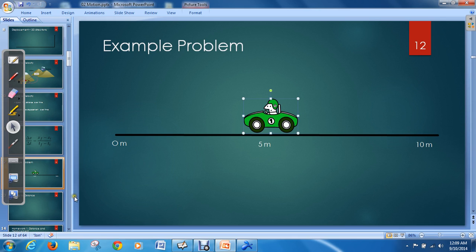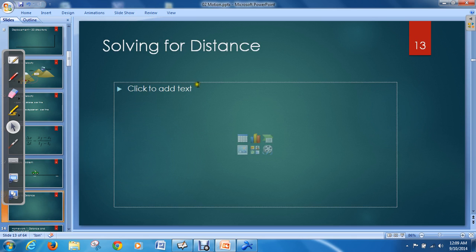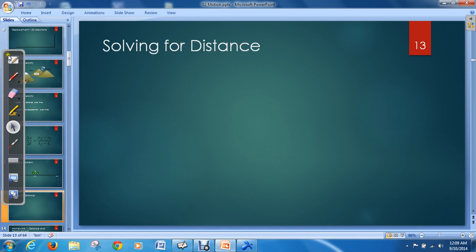When we think about this, it's also good to keep in mind that we can solve for position. So we have velocity equals the change in position over change in time. I apologize for the sloppy handwriting on the computer.